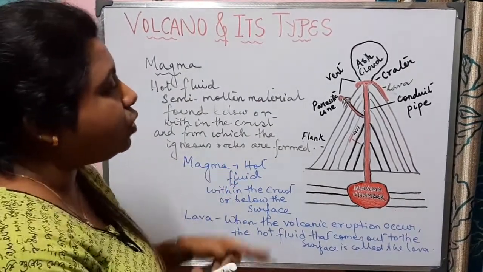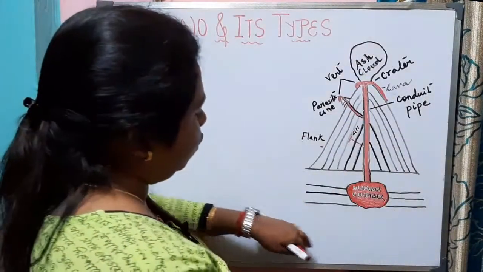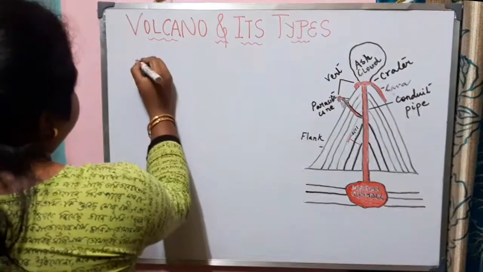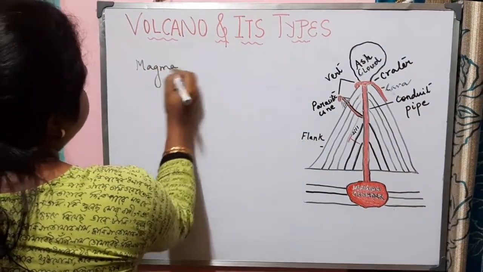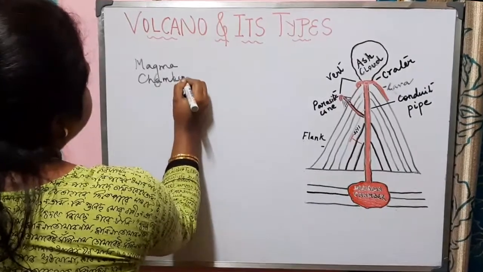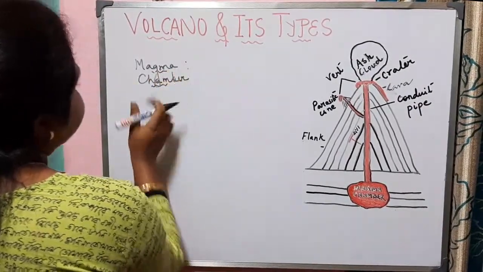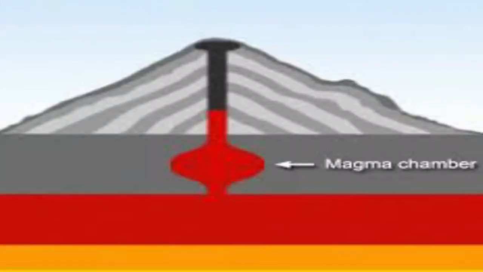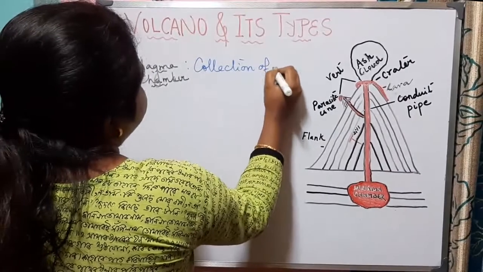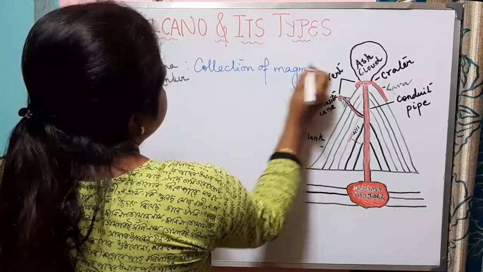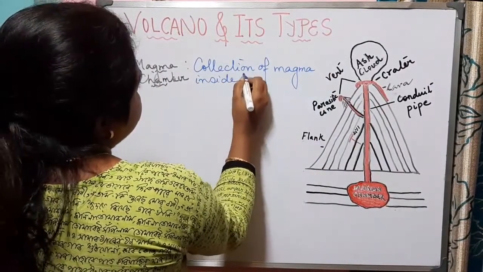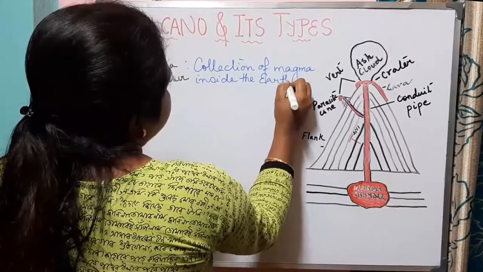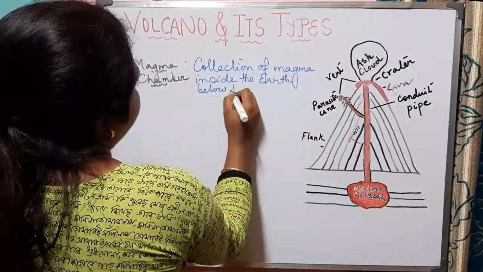Now let us know about the different parts of a volcano. First we should know about the magma chamber. So what is a magma chamber? You can understand from the word magma that it is a reservoir where magma is stored. It is a collection of magma inside the earth below the volcano.